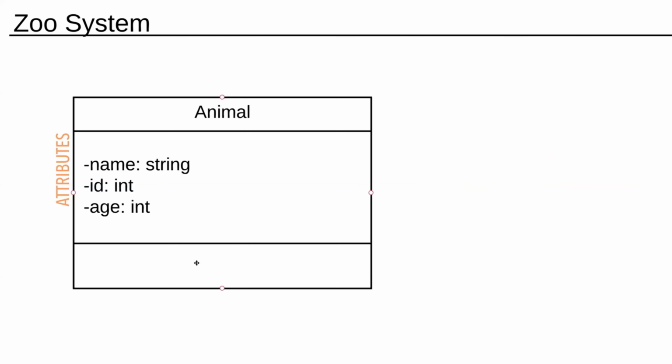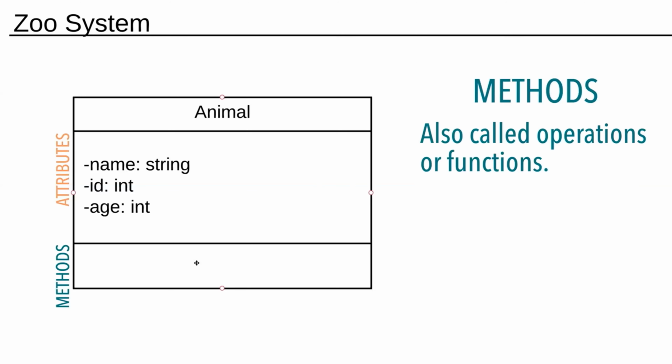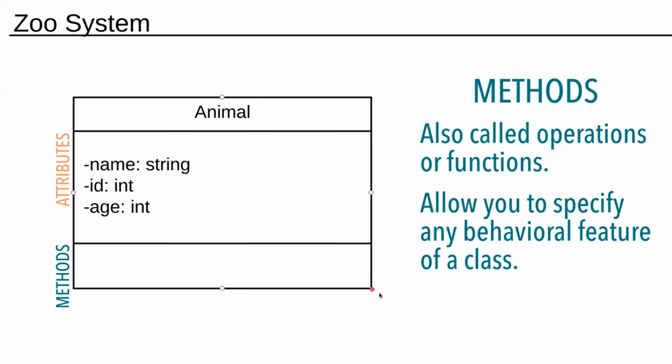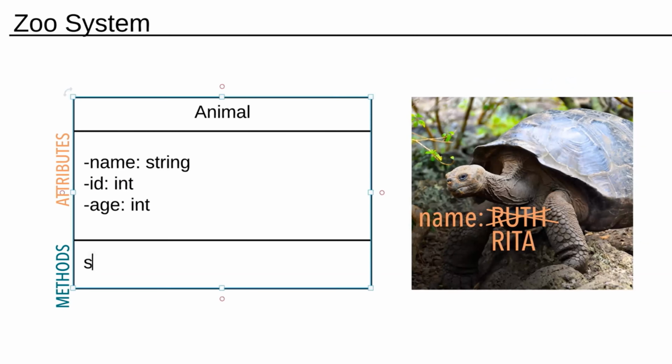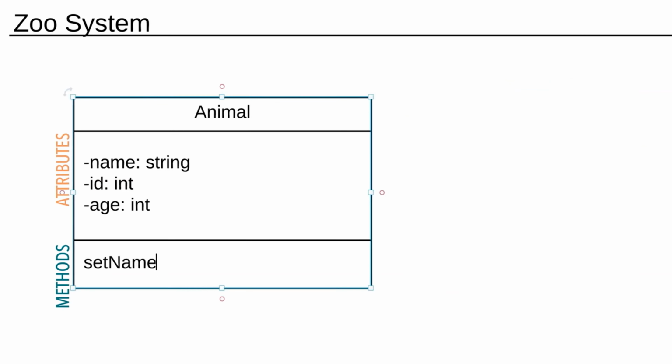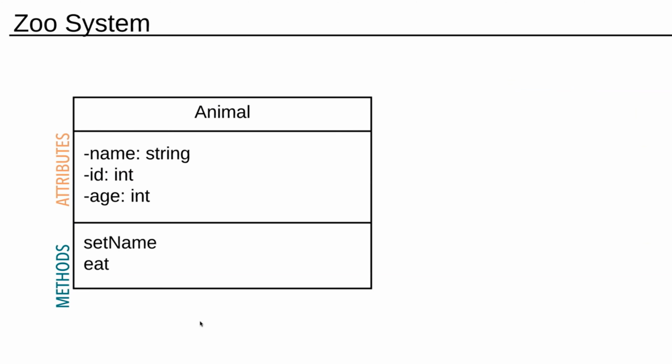This is where you put methods, which are also known as operations or functions. Methods allow you to specify any behavioral features of a class. So we might ask ourselves, what are some different behaviors of this animal class? Maybe we'd want to be able to change our animals' names. Like Ruth should actually be called Rita. So let's create a function called setName. We can also create a method for eating since all of our animals eat. Methods also need to be formatted a certain way.